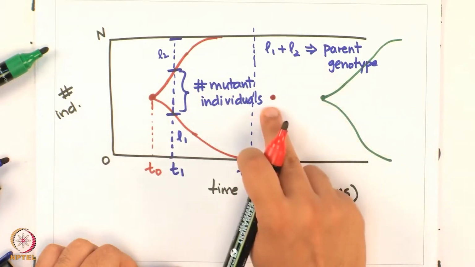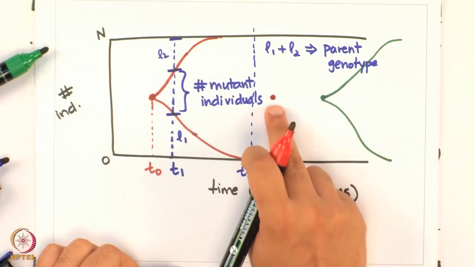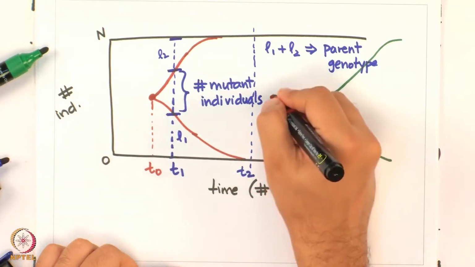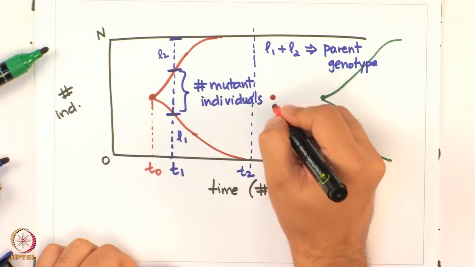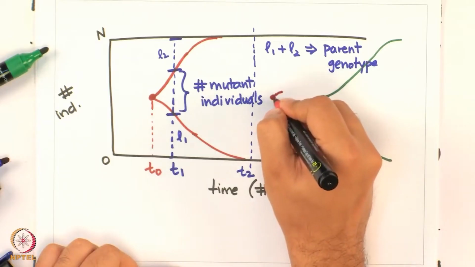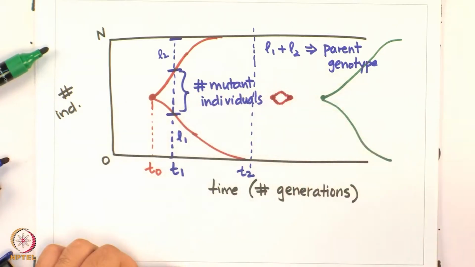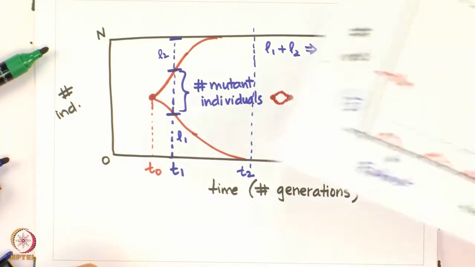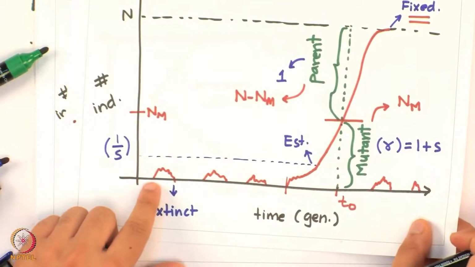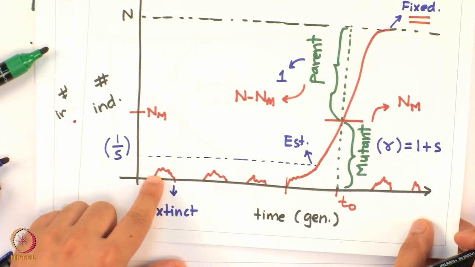So, this marks the point where that mutation occurred. But because the mutation could not get established, its numbers increased slightly but then went back to 0. This represents what is happening to this mutation where it happened as one individual.